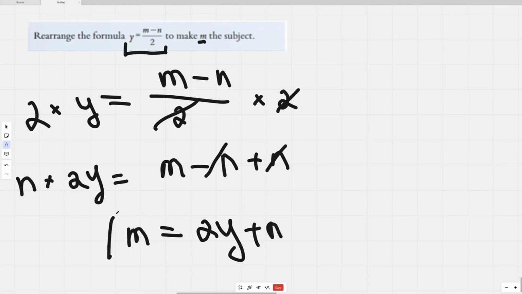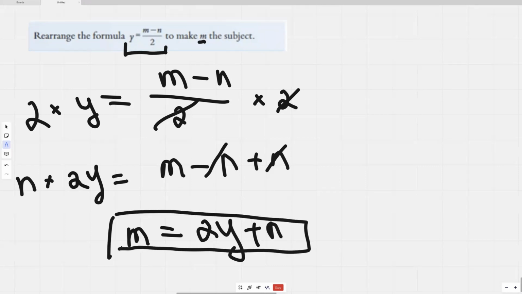So basically this is the idea of how to rearrange formulas. So we found m by multiplying both sides by 2, and then adding n, and leaving m itself to get the formula. So let's move to the second question.